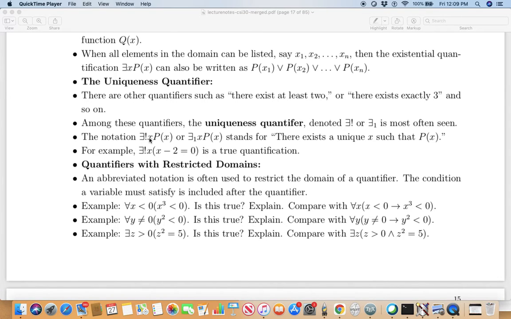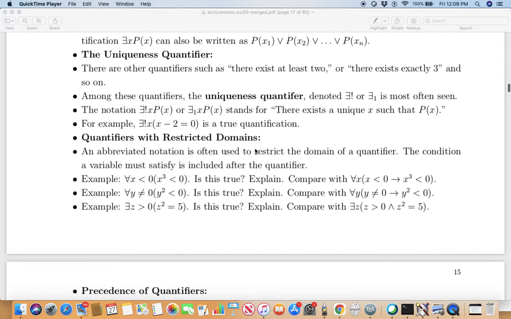The notations there exists unique x, p(x), or there exists exactly one x, p(x), stand for there exists a unique x such that p(x). For example, there exists unique x, x minus 2 is a true quantification.